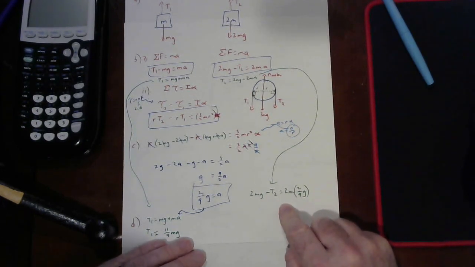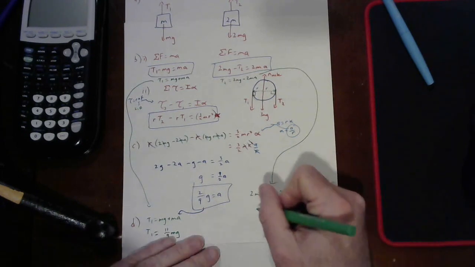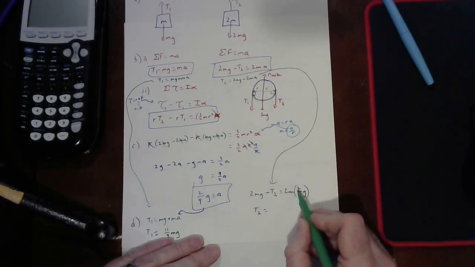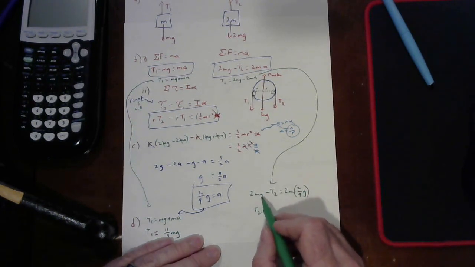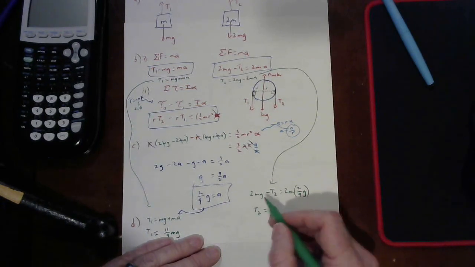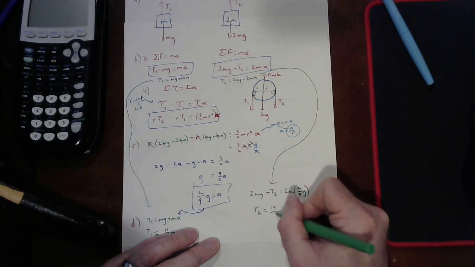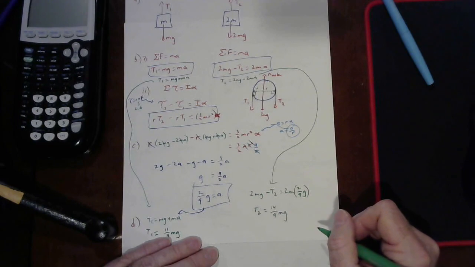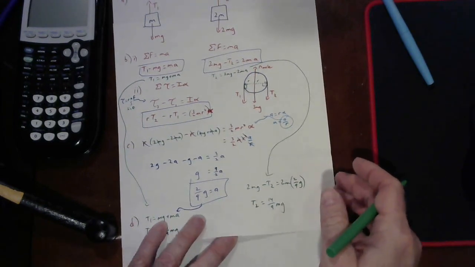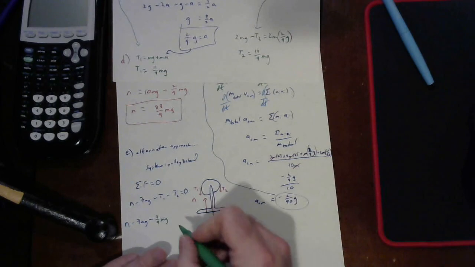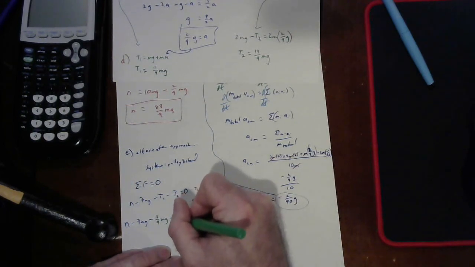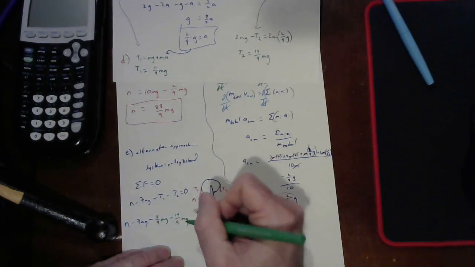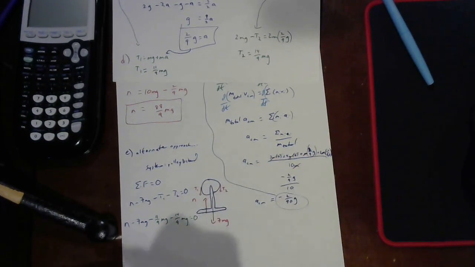Rearranging to get T2, this is going to be 4/9 mg, and I'm going to subtract that from 2mg. So 2 minus 4/9, that would be 9/9 and 5/9, so it'd be 14/9. So here I'll have minus 14/9 mg.